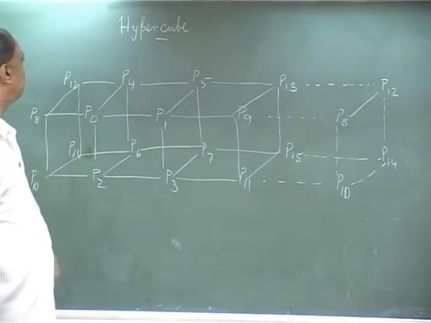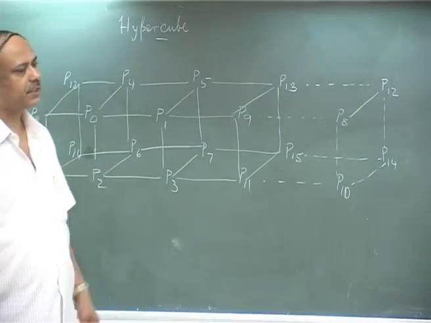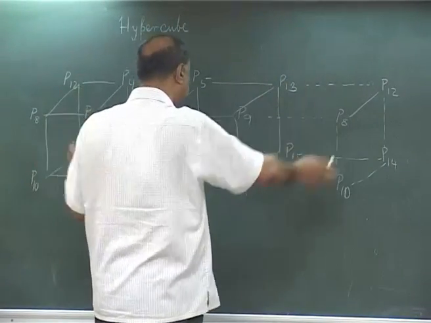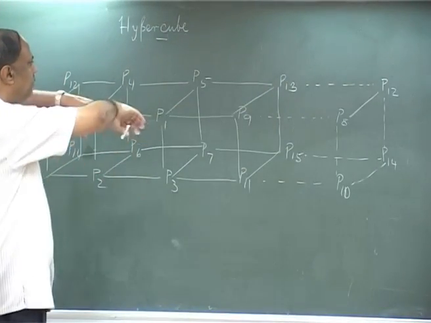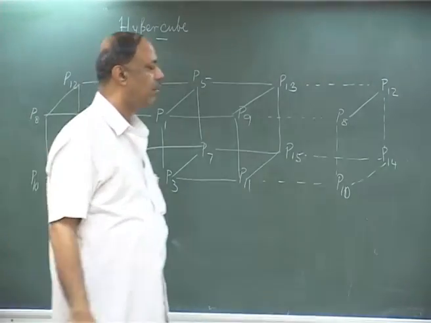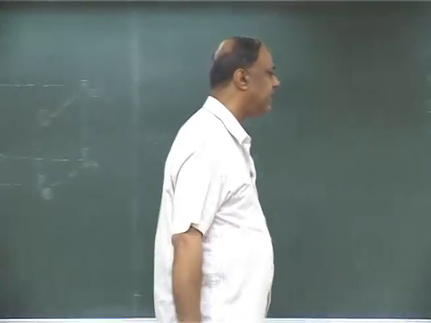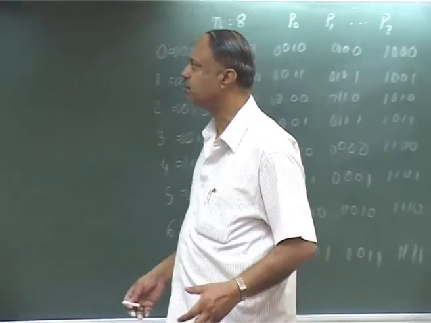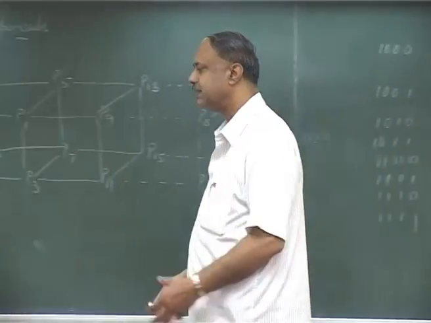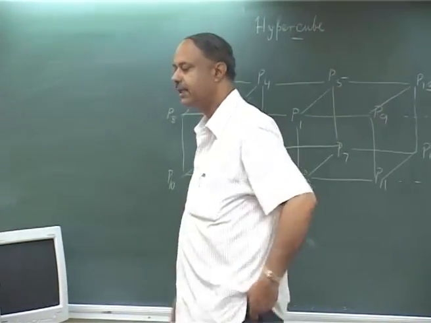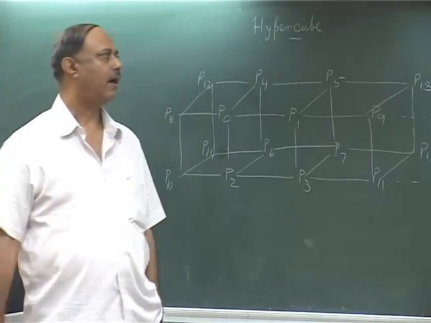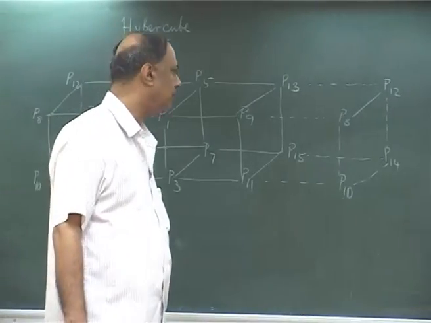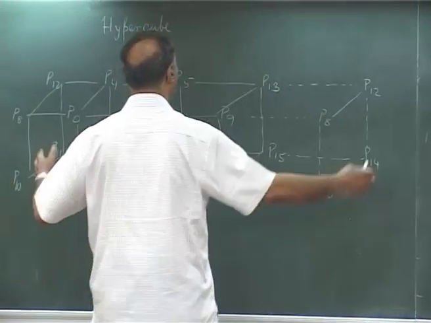So this is the structure of hypercube when n equals 16. If you observe, this is basically a round shape, and one good thing of this is that given two hypercubes of size 2 to the power k, I can merge them easily with additional links to get size 2 to the power k plus 1.